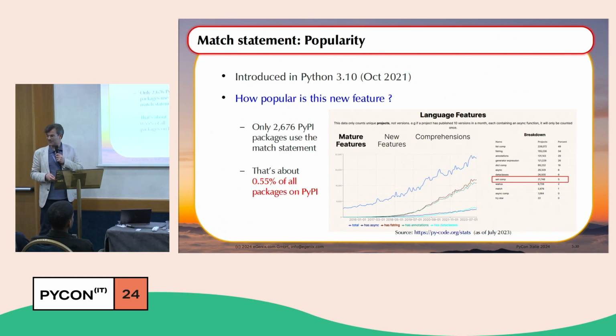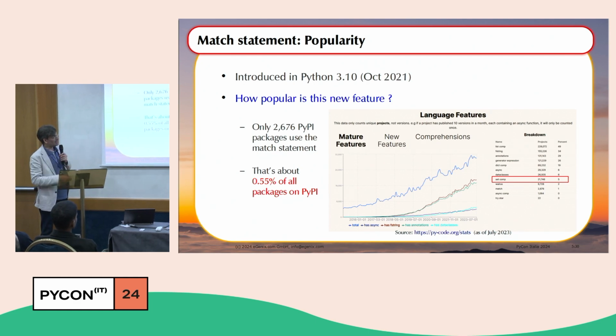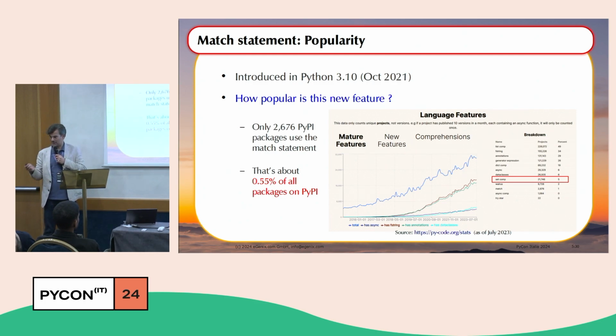So I was lucky, 20 years later, we finally had something similar in Python. And of course, I wanted to succeed because I think it's actually very, very useful. And the match statement is a lot more powerful than what I had in mind back then, because basically I just wanted to get the C kind of switch statement into Python.